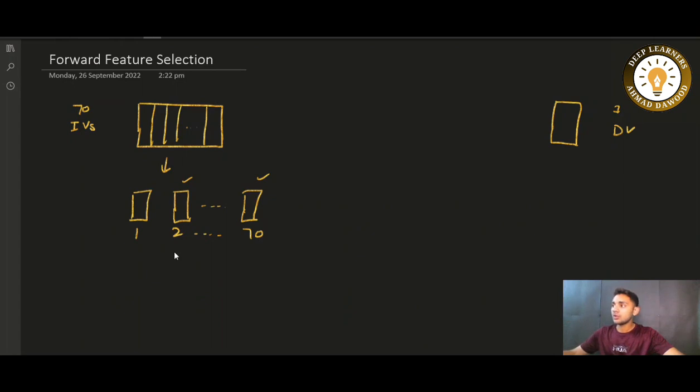What you will do now, the forward feature selector will do here. Here you will have a model.